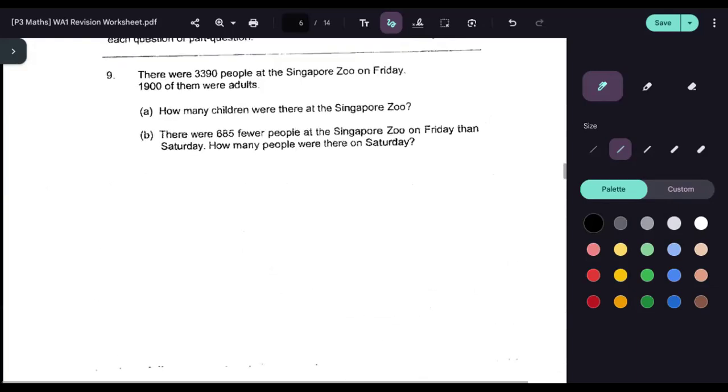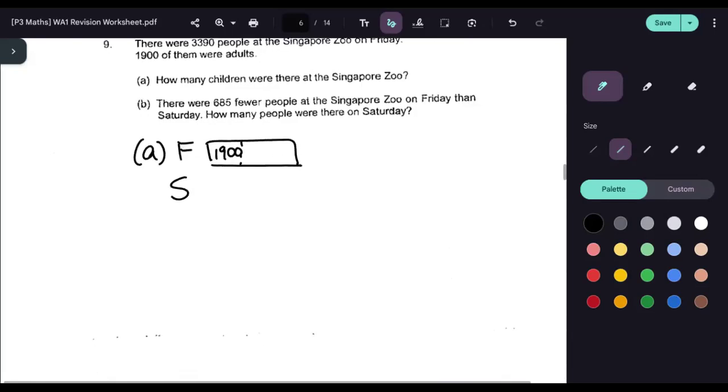First one, there were 3390 people at the Singapore Zoo on Friday. Okay, so let's put here Friday, Saturday. You have 3390, right? Let's say this part 1900 of them were adults. How many children were there at the Singapore Zoo?